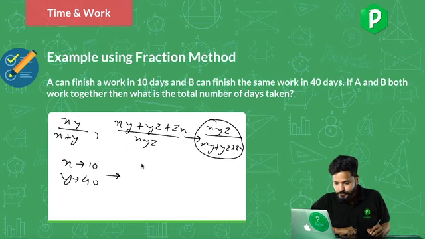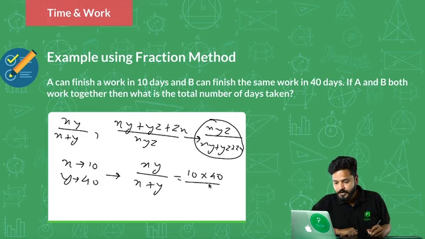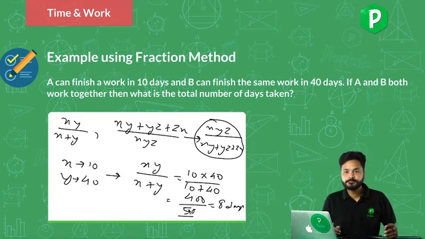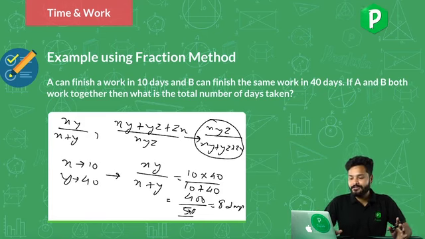So I just have to use the formula: XY upon X plus Y. That is 10 into 40 upon 10 plus 40, which is 400 upon 50, which is 8 days. Clear? Alright guys, so this is the fraction method to solve the questions.